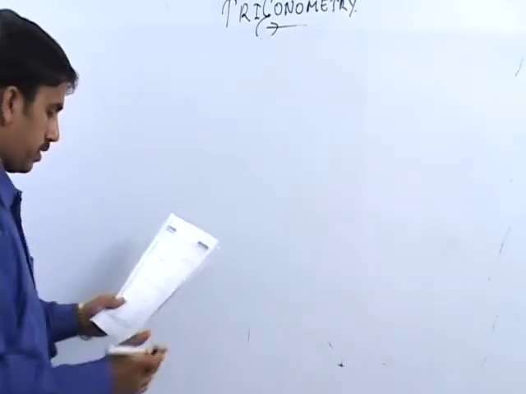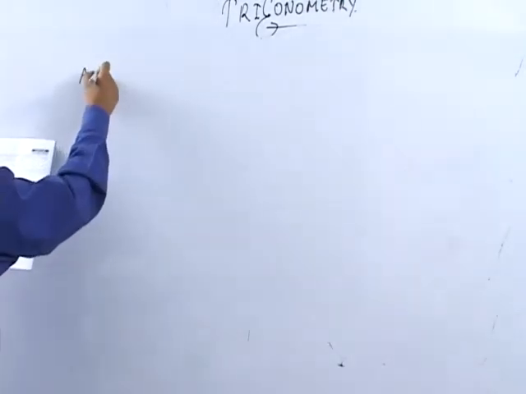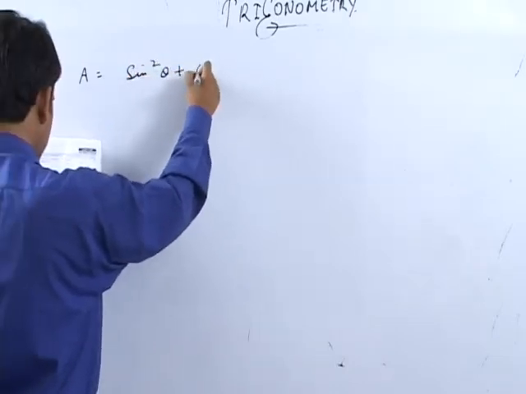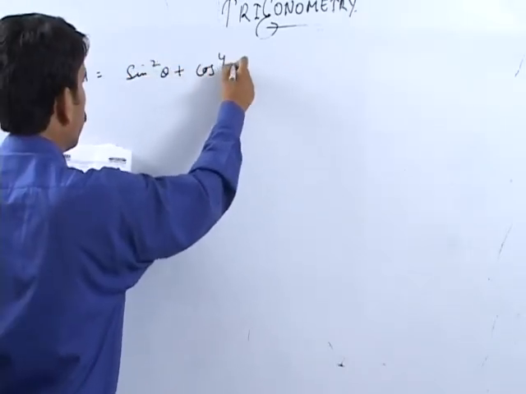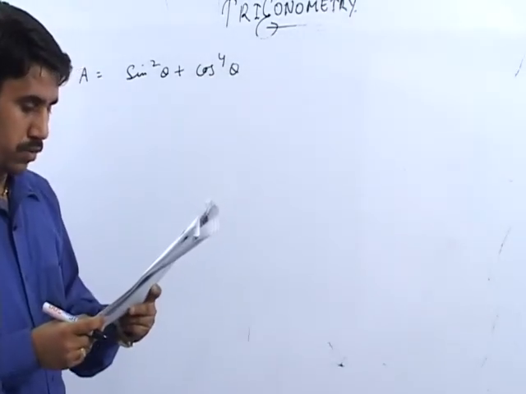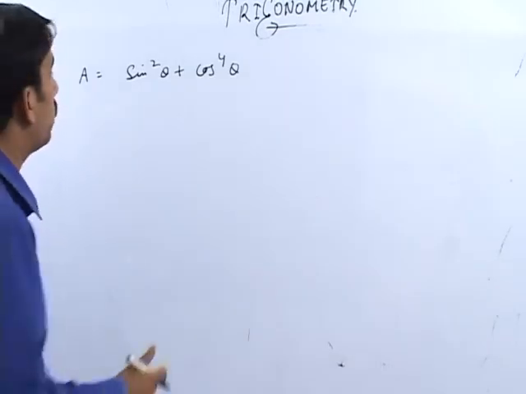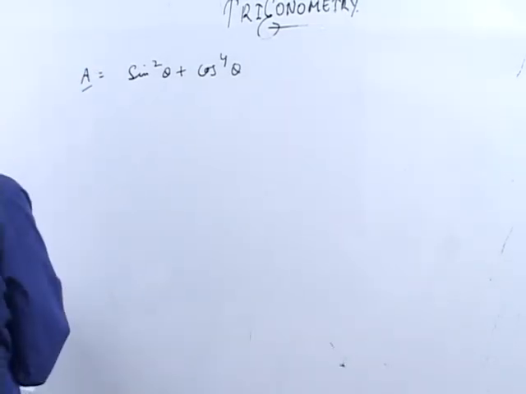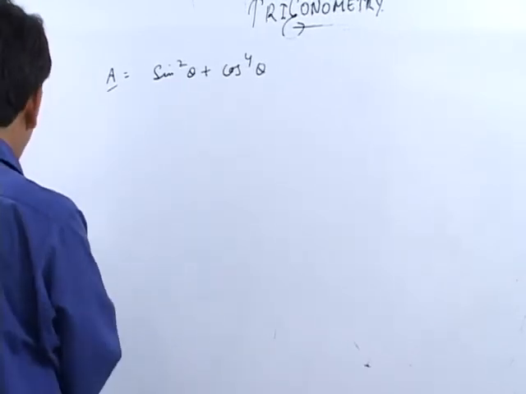Now you are given that A is equal to sin square theta plus cos 4 theta. Now you have to find out the limit of A. Now the limit of A will lie between something.